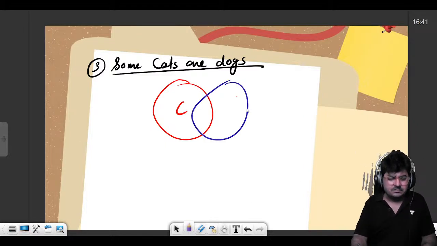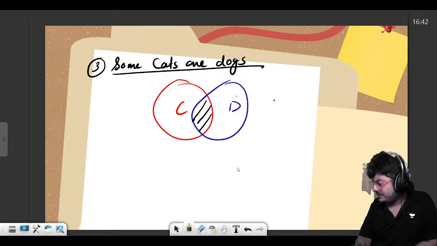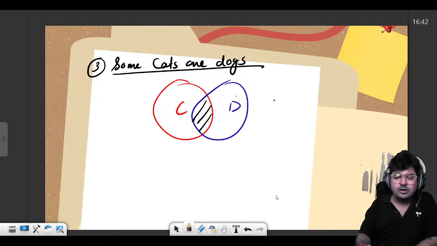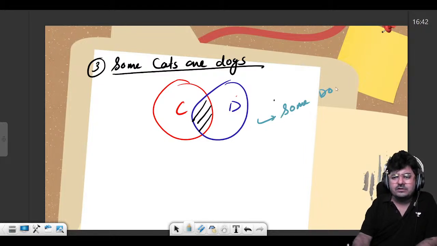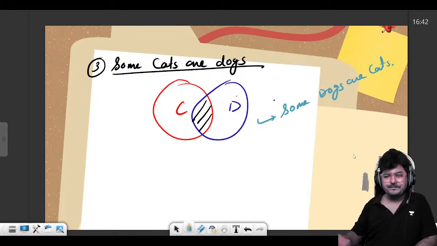Now the dog circle will be like this. Okay, I know drawing is not that good, but here you can see this is the common part. So here you can say some cats are dogs, and you can also interpret here some dogs are cats.